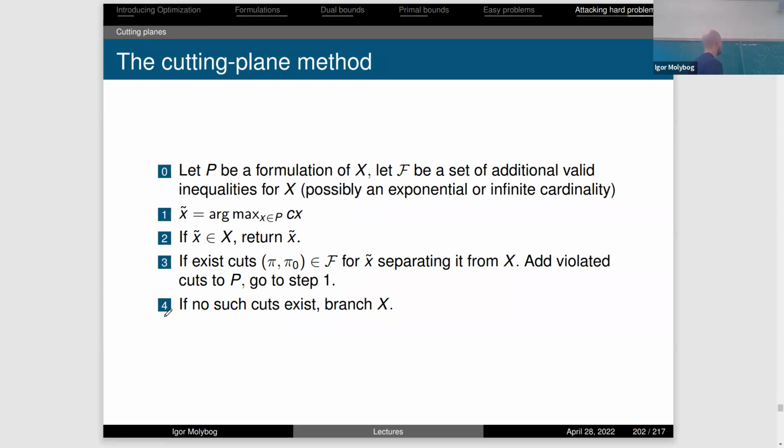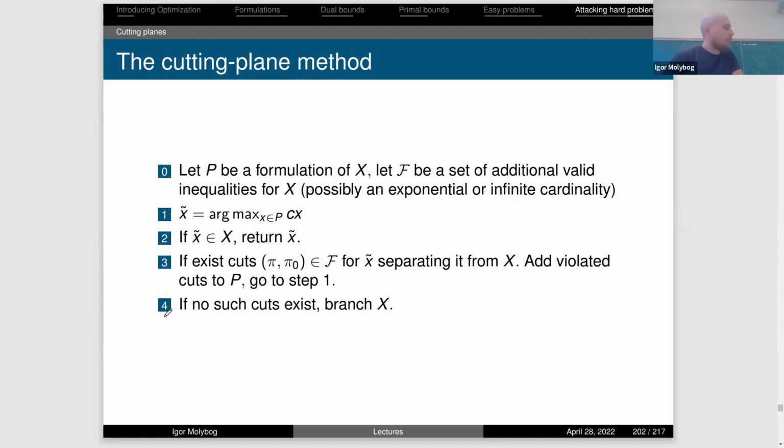And then when we solve the problem, we end up at this point, and it turns out to be feasible, and that's it. We are done. So we are really interested in a situation like this, and that gives us an idea about the cutting plane method that is based exactly on this.